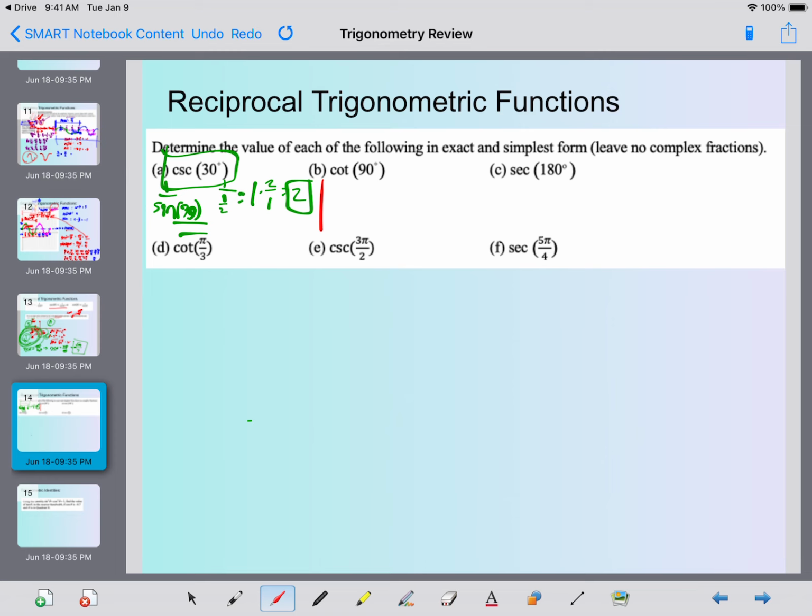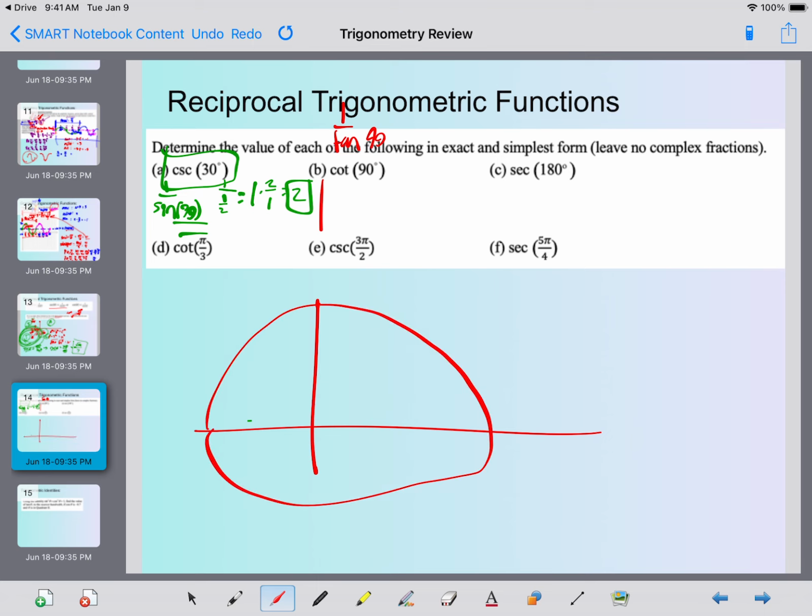Cotangent, 1 over tangent. So 1 over tangent of 90 degrees. 90 degrees is one of those really nice points that we were able to just figure out, right? So for a unit circle, we know the radius is 1, so 0, 1 would be the point. Cotangent, 1 over tangent. Slight problem, right?